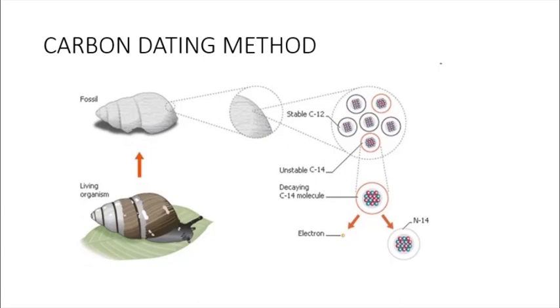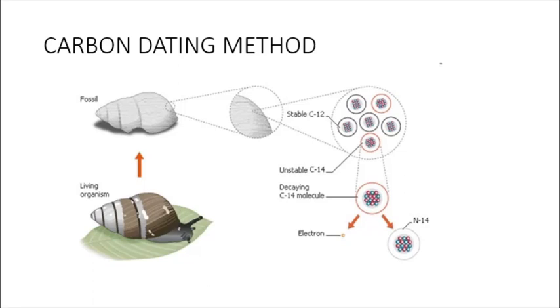Carbon is the primary component of proteins, lipids, nucleic acids and carbohydrates. When a living thing dies, it can be a plant as well as an animal, carbon consumption stops. And since then, only the decaying process of carbon-14 occurs.